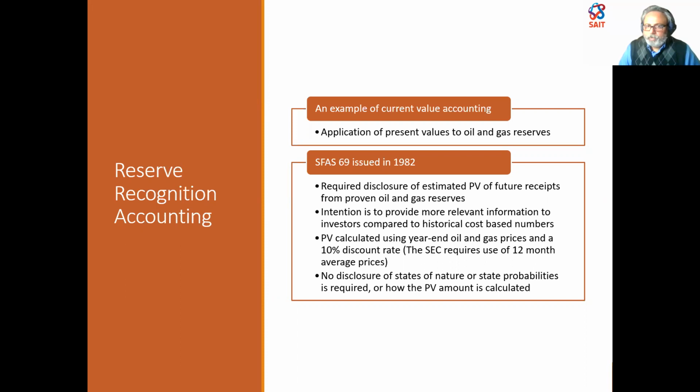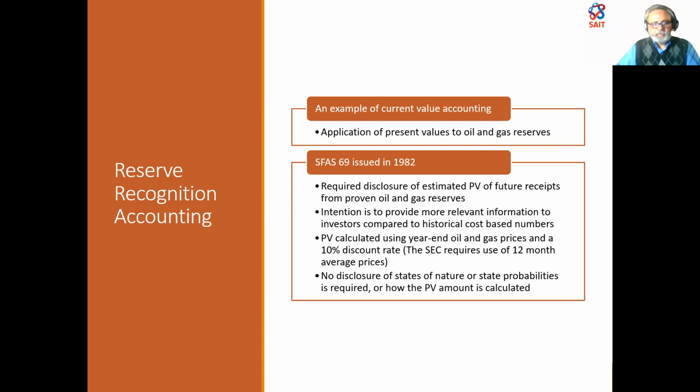And what's required in the US is that oil and gas companies have to provide disclosure for a dollar amount of the present value of how much they expect to recover from their proven oil and gas reserves, right? The amount of oil and gas reserves that the company has that have been proven geologically.